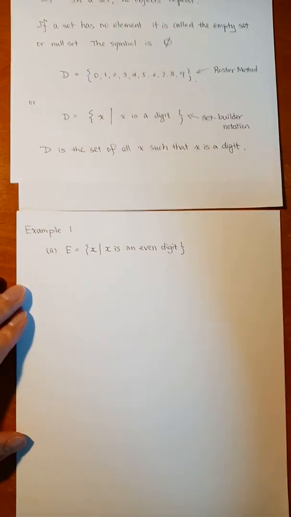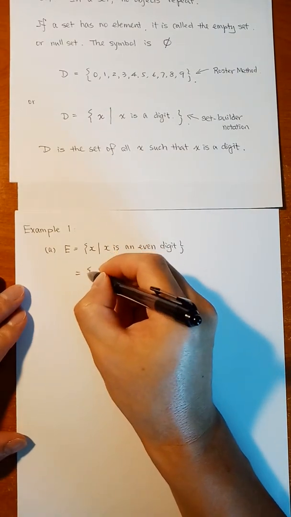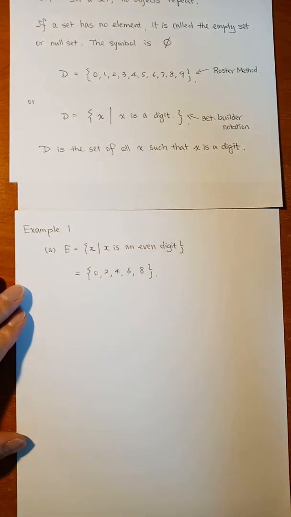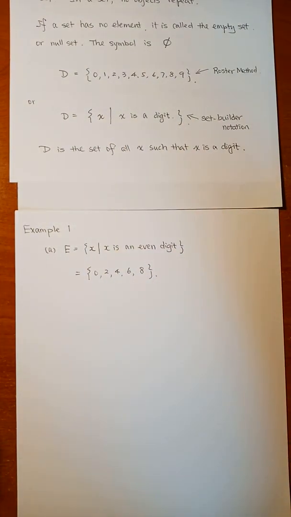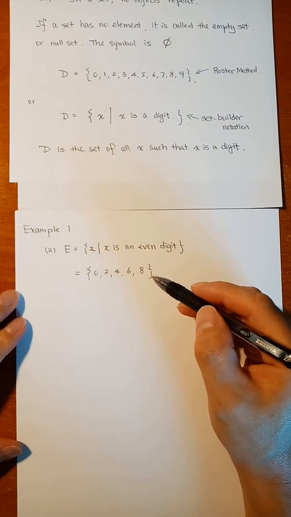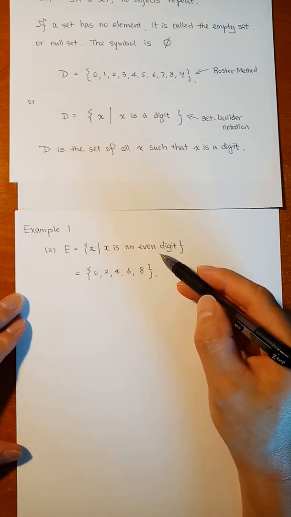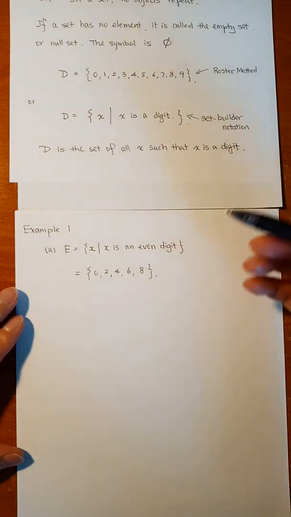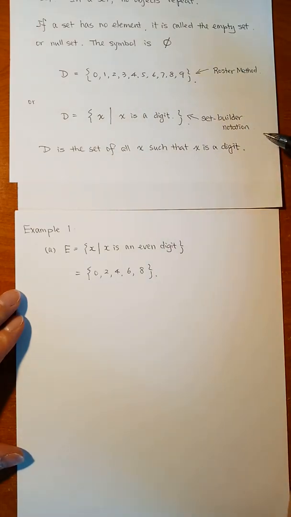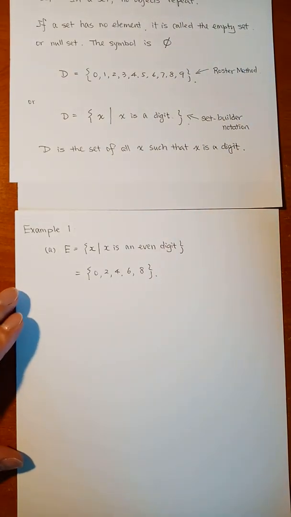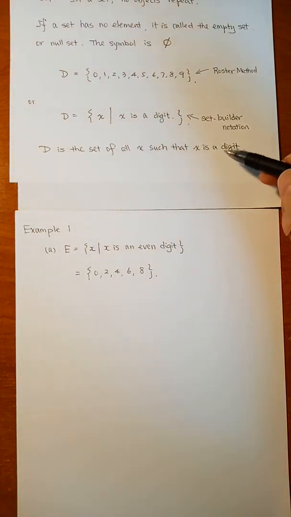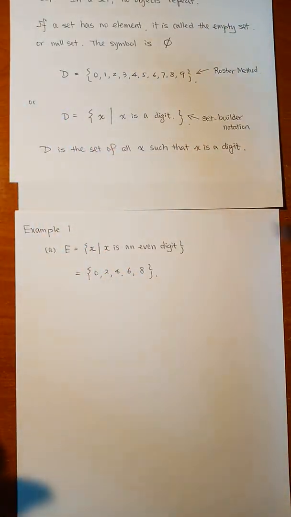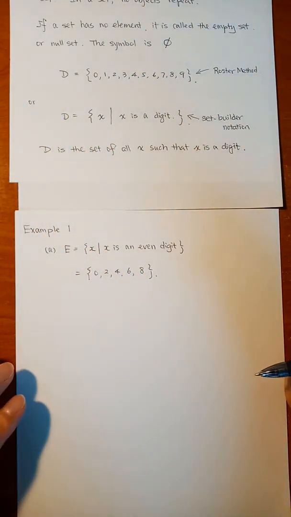Which digits are even? 0, 2, 4, 6, 8. So they are the even digits. This is the roster method, and this is the set builder notation. You don't have to memorize the names. For different textbooks, these two names are not universal; they may give different names, but you should understand the idea. This is a special setting, the builder notation. This one is just the list. Sometimes they call it the listing method, whatever.